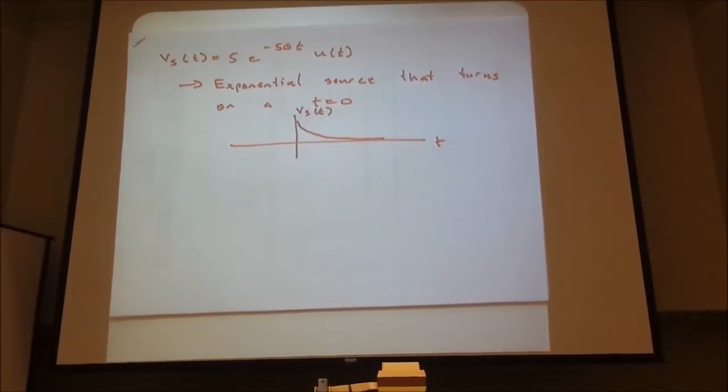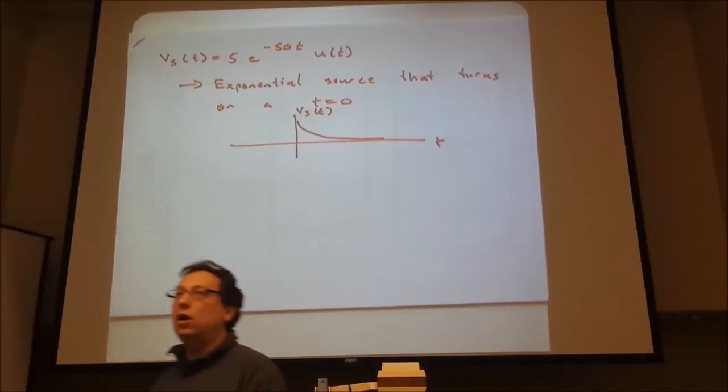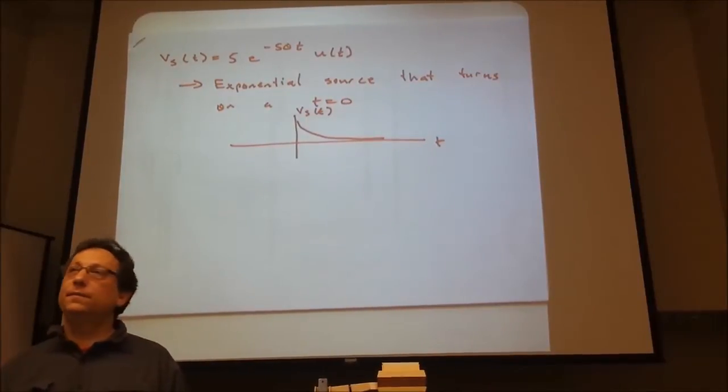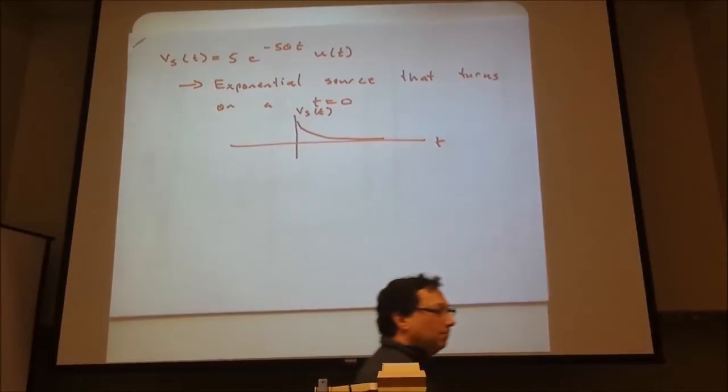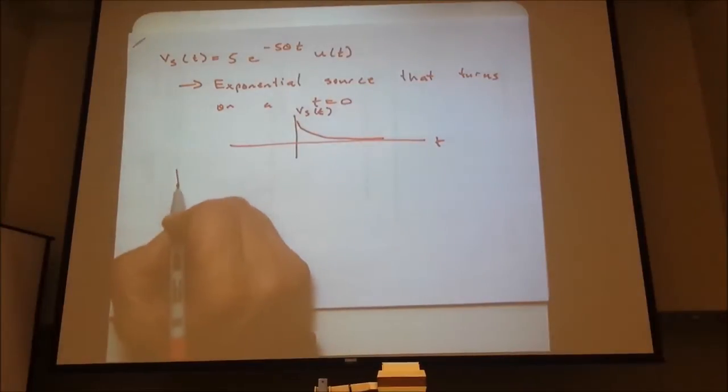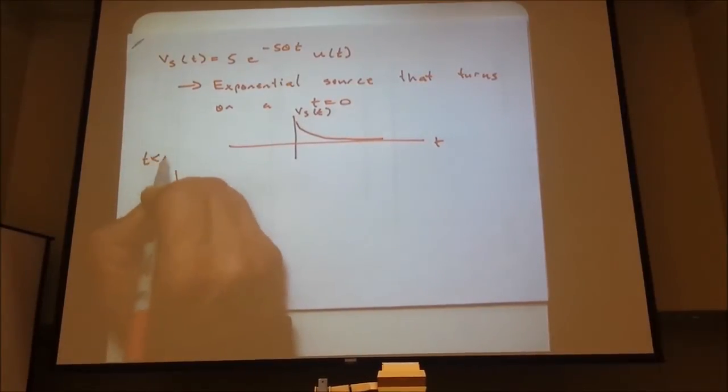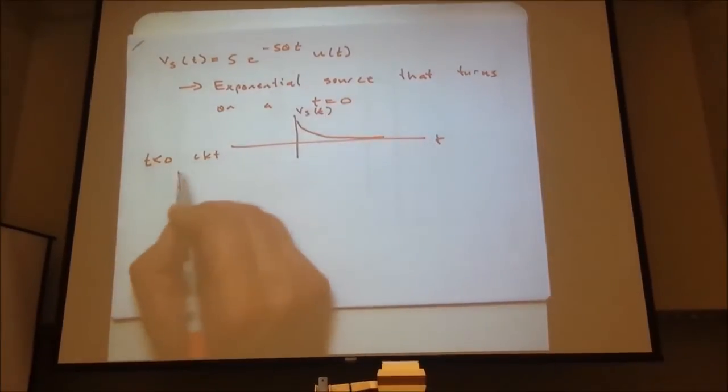What are our initial conditions in this case? What does our t less than 0 circuit look like? Initial conditions are 0. Our t less than 0 circuit has no source.